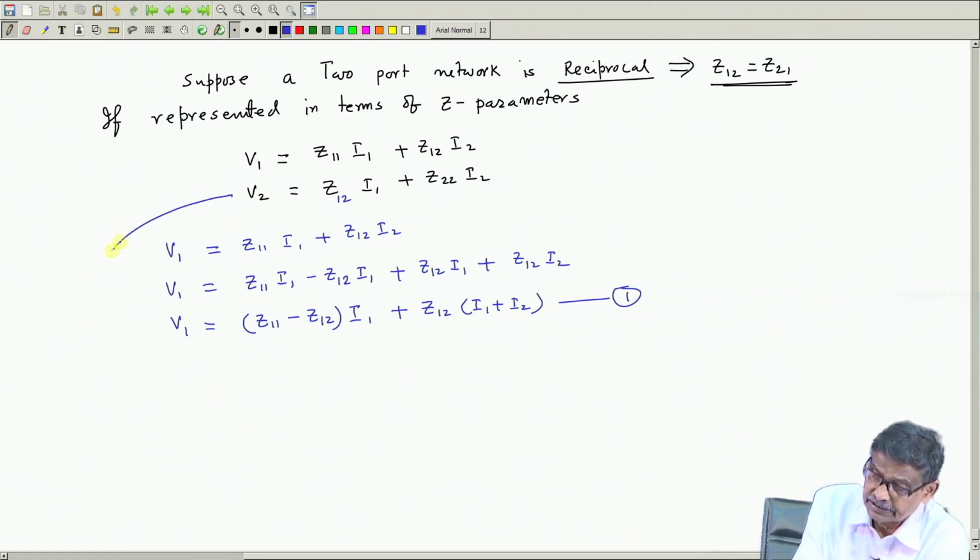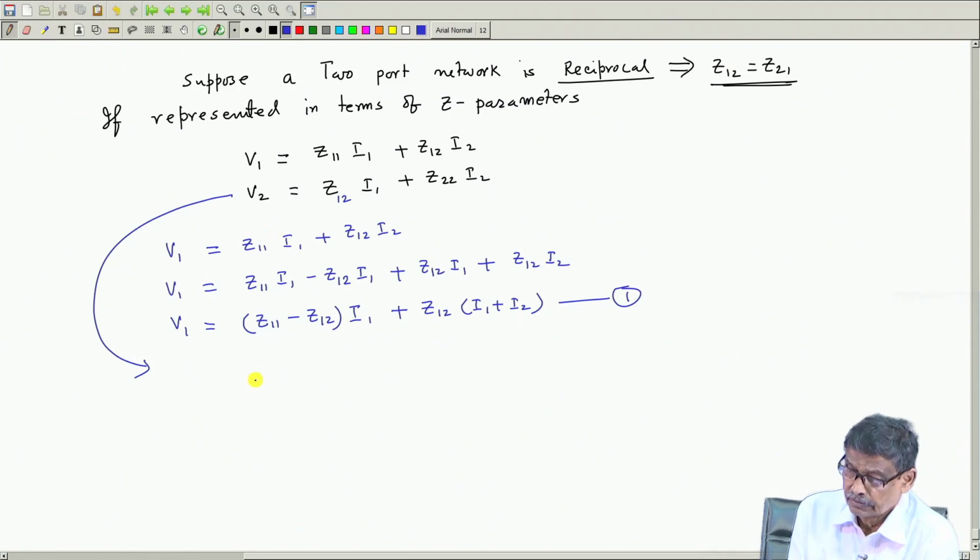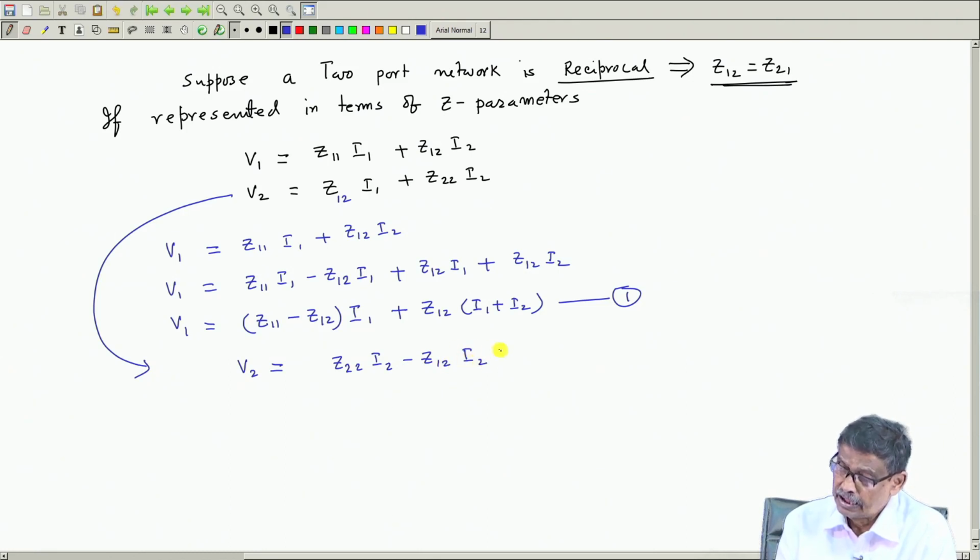Similarly, you play with the second equation. V2 is equal to Z22 I2, so you write Z22 I2, then subtract Z12 I2 and add Z12 I2, so that it remains same as it was, and finally, the first term is always there, Z12 I1.